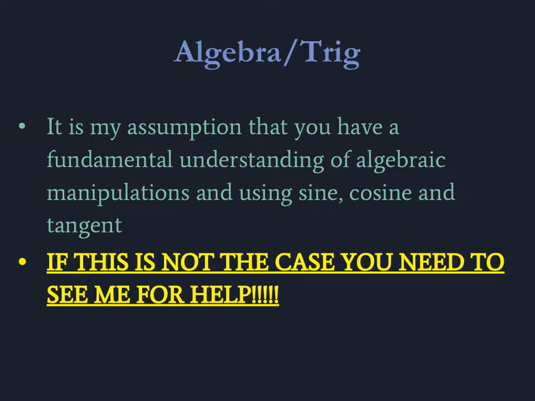That you're comfortable with using squares and square roots, and then from the trig side of it, being able to use sine, cosine, and tangent to find angles and sides, right? Understanding our right triangles.